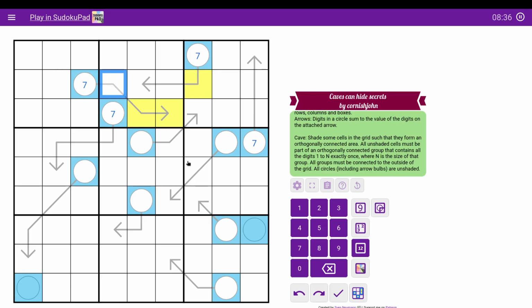It does feel like box 2 has to have everything. Maybe I should ask, where is this? Oh, this digit probably equals this digit. Is there any way this digit could be on this arrow? No, because the arrows can have at most a 6 on them, and this is at least a 7.